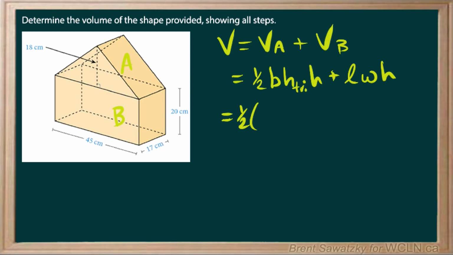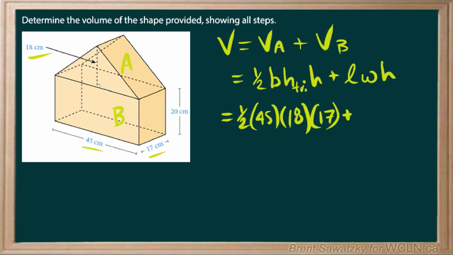1/2, and so let's consider the base there to be our 45. And we are given the height of that triangle as 18. And then the height of the prism, that would be like this depth here. So we would say 17.